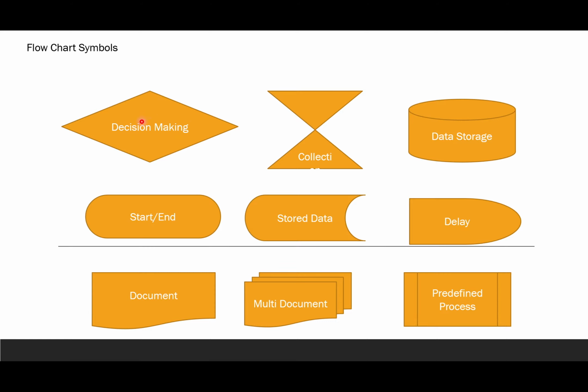Next one is decision making, data collection. This icon we use for data storage. This is where your data is already stored, in that case you will use this icon. This is something wherein if we identify any kind of delay in the process, in that case we will use this icon.